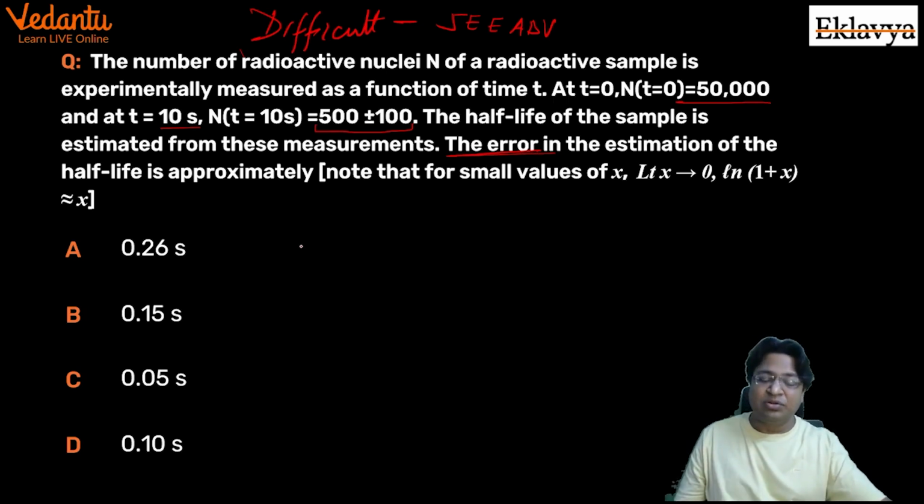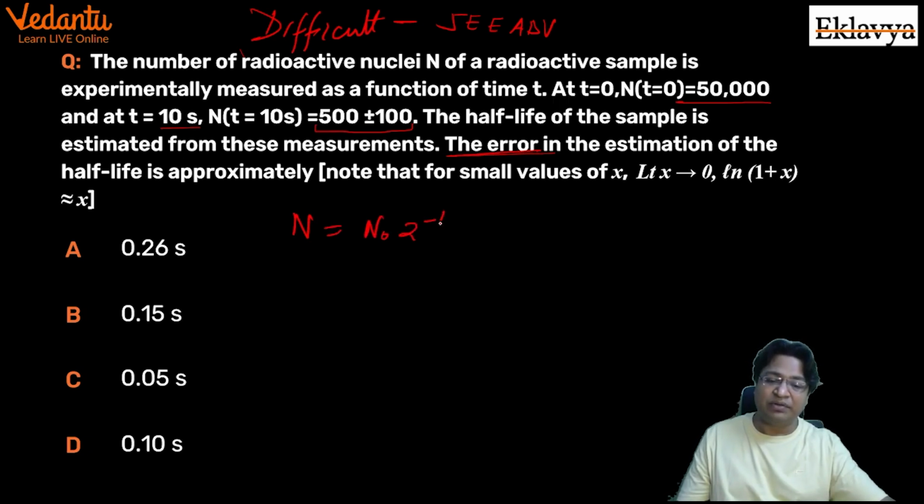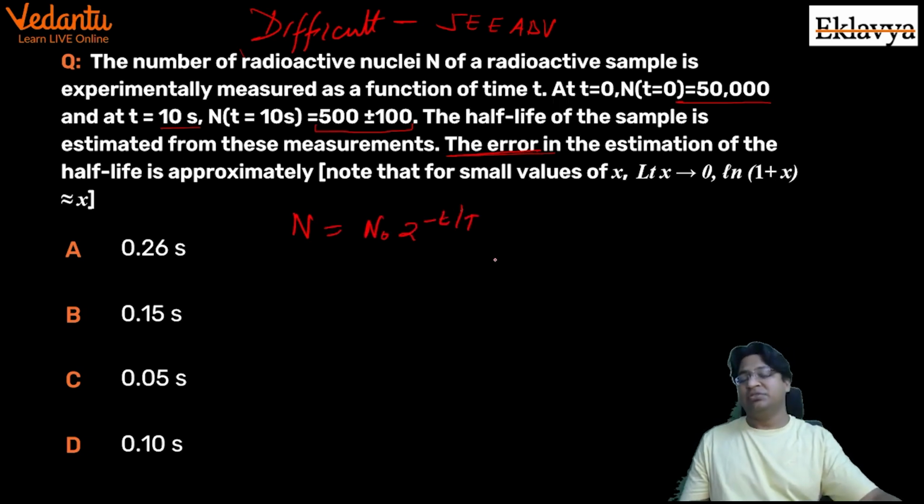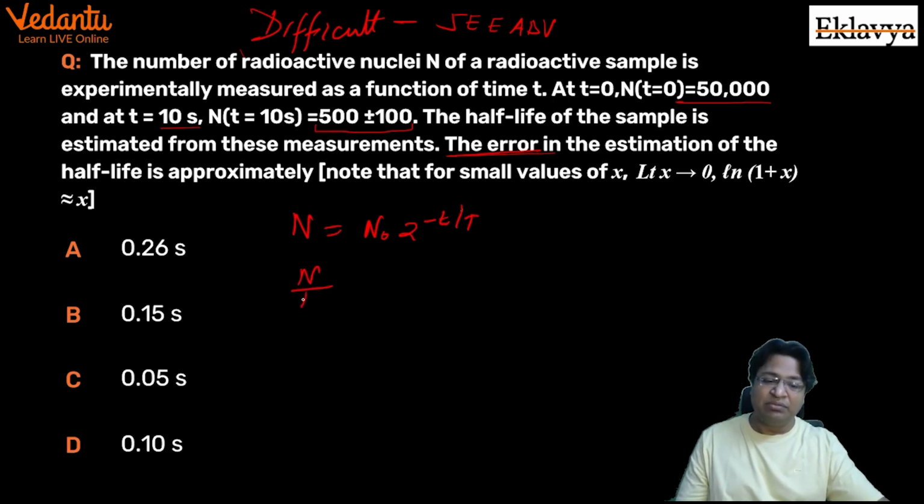Okay, so we know that n is related to the initial count as n naught 2 raised to power minus t by t half. So that's the relationship. So I can bring n naught to this side. So n by n naught becomes equal to 2 to the power minus t by t half. Now I can take log, so ln of n upon n naught is equal to minus t by t half into ln 2.